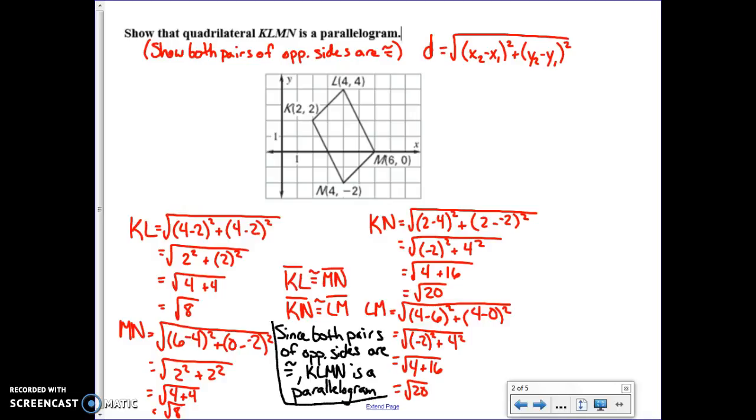Okay, there is your conclusion. I want to point out to you that that is one problem. We've just completed one problem by doing the distance formula and then coming up with our conclusion.